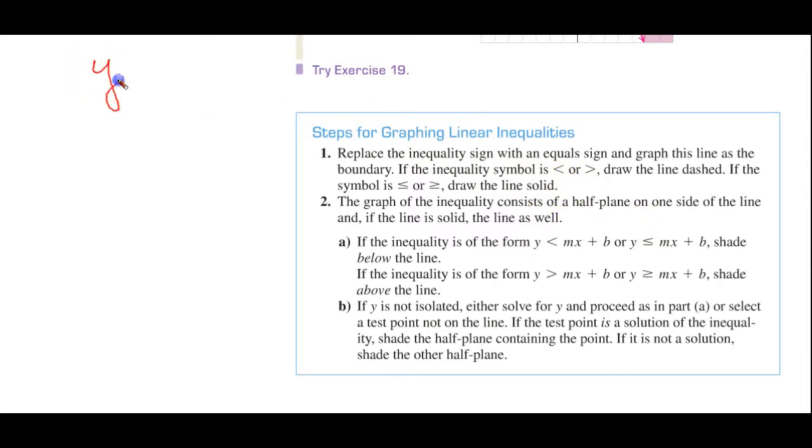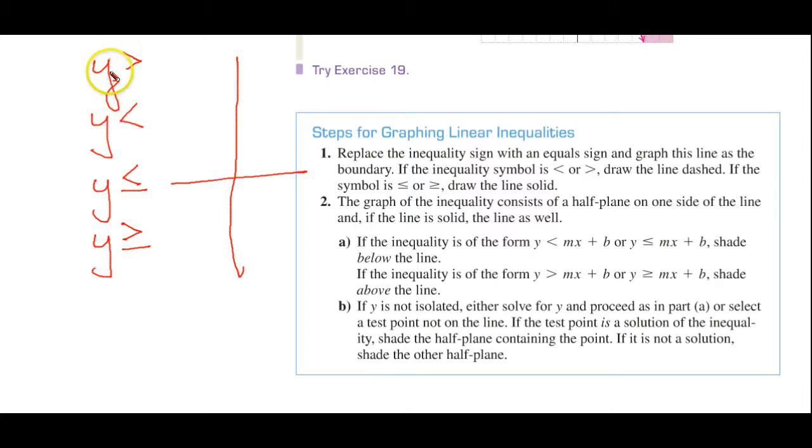If you have y is greater than, y is less than, y is greater than or equal to, less than or equal to, as you make your lines, for these where they're only greater or less, you're going to be using a dotted line, depending upon the slope and other things.